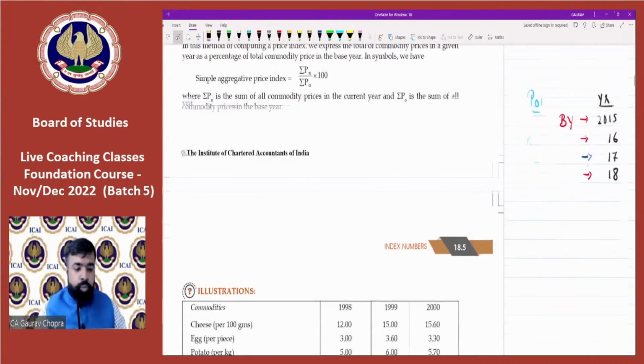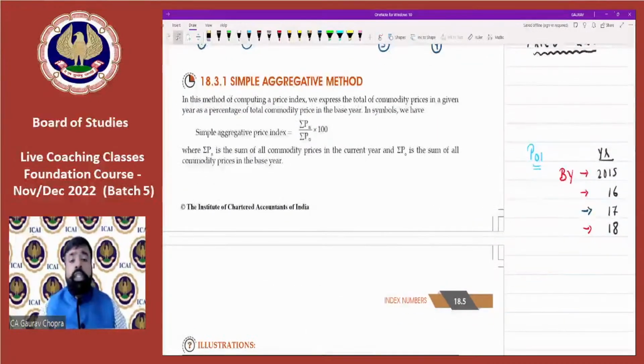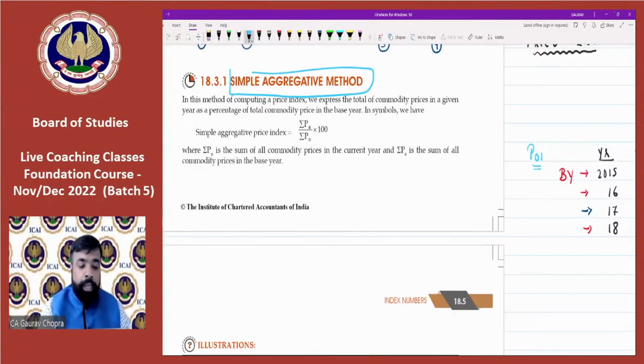Now let us move towards the first method, which is the simple aggregative method. Till here, what was the formula for price index? We just wrote the formula P1 upon P0 multiplied by 100.